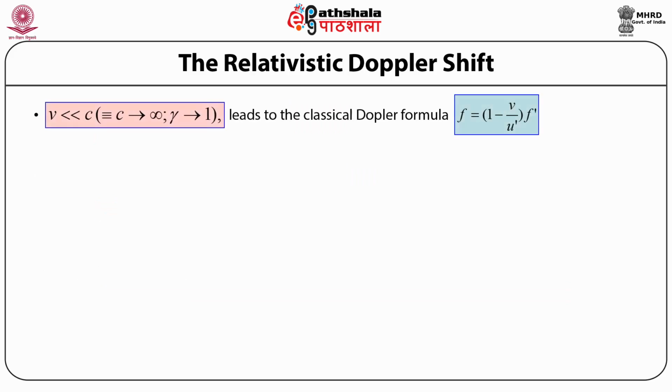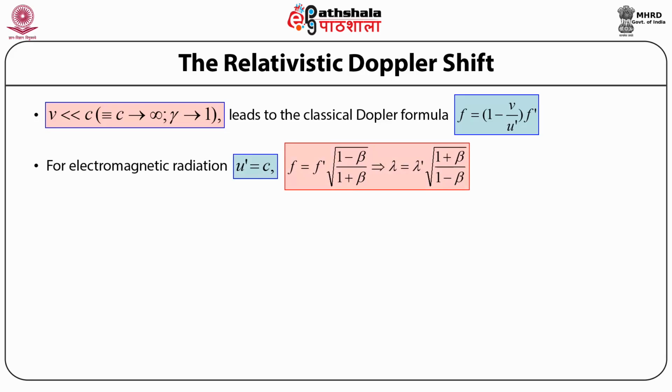Now if v is much less than c, then it implies that c almost tends to infinity and gamma tends to 1, and this leads to the classical Doppler formula of the frequency, f = (1 - v/u') times f'.